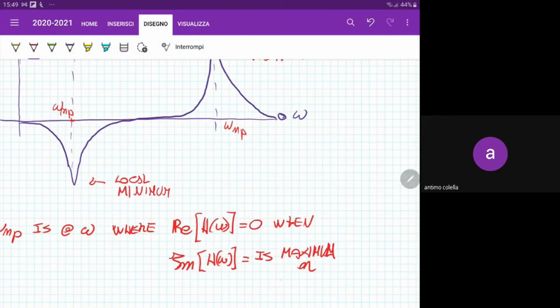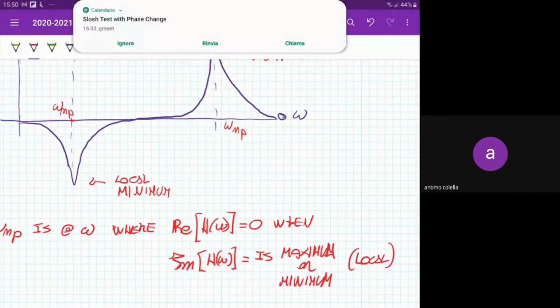Should consider as a local value of the maximum or minimum. Okay, so that is the first step. Questions on this?